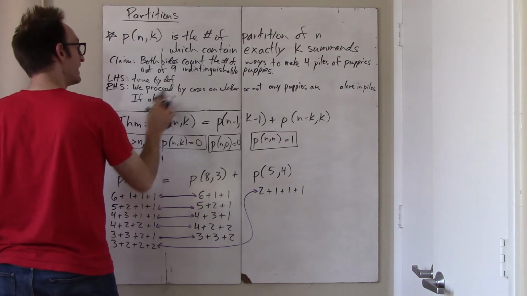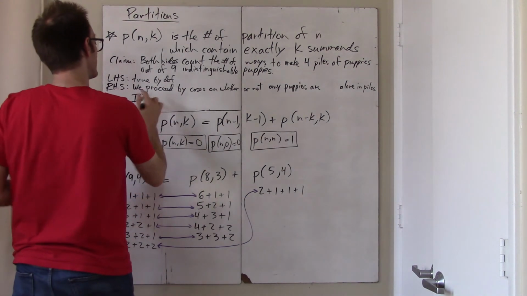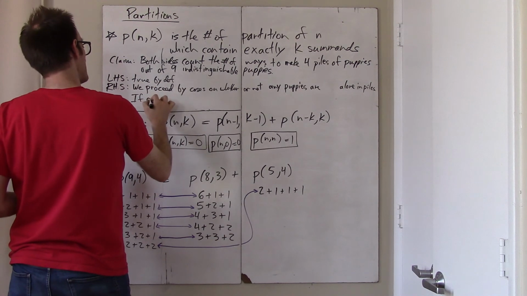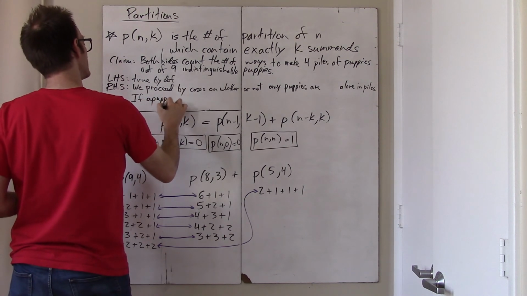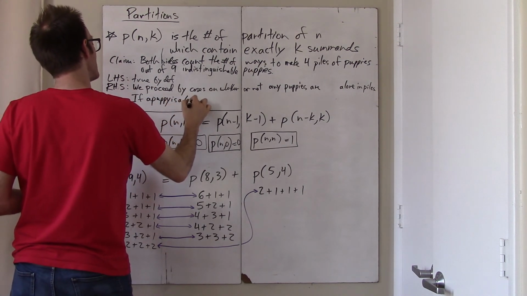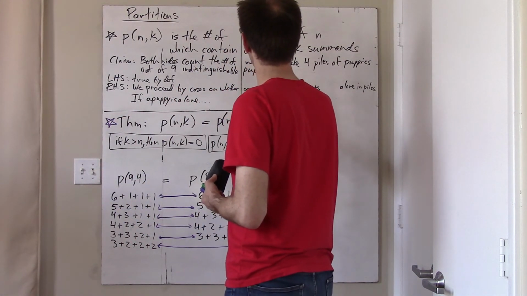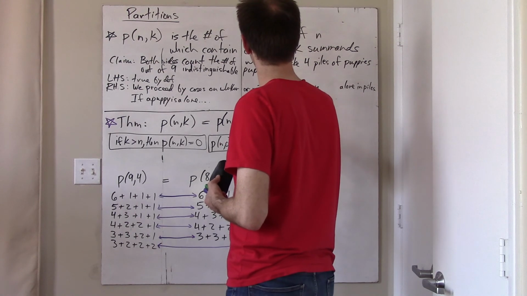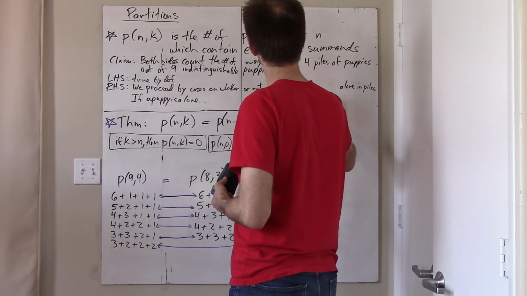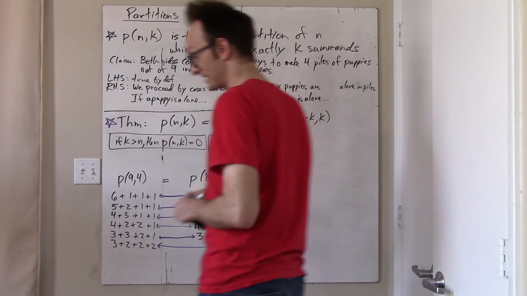If a puppy is alone, then I'm going to finish this out by talking it through, and if no puppy is alone, then I'm going to finish it out by talking about that too. Okay, so what I'm doing right now is this gets hard, right?